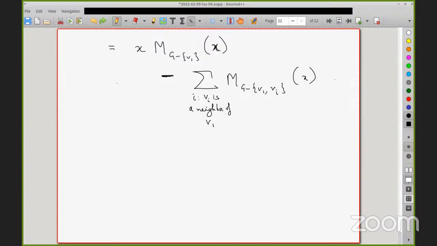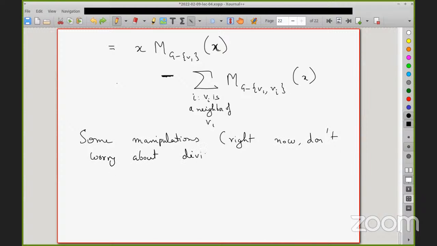Okay, so now let me do some symbolic manipulation and let's see what happens. Right now, don't worry about division by 0. Just think of them as symbolic. So just divide by m of G minus V1. What do I get?